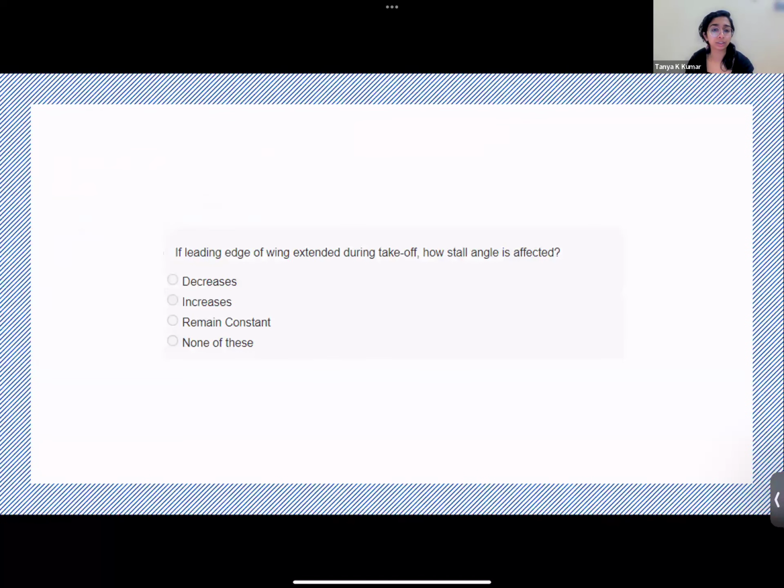Moving on. Next question. If the leading edge of the wing is extended during takeoff, how is stall angle affected? Think about this for a minute.